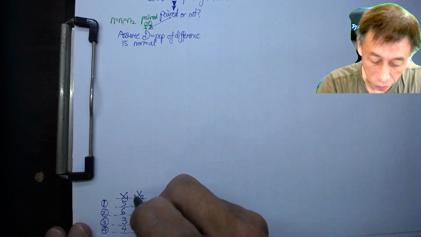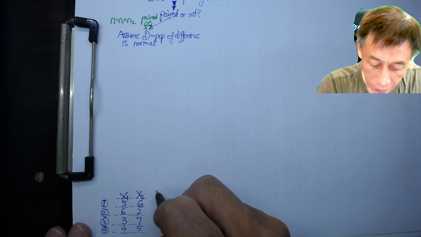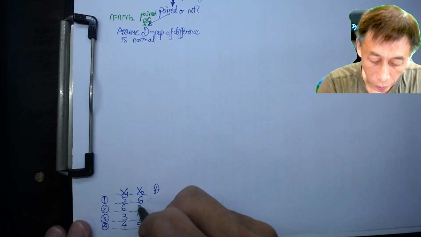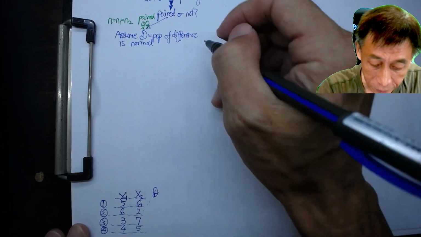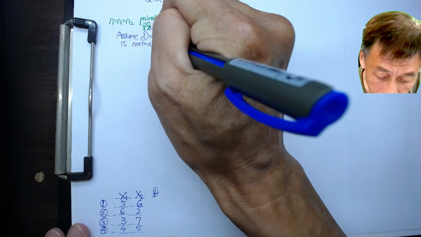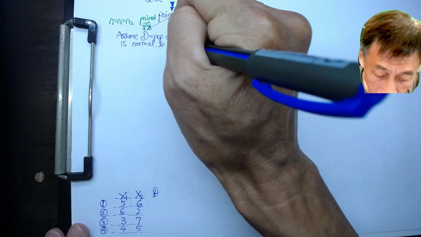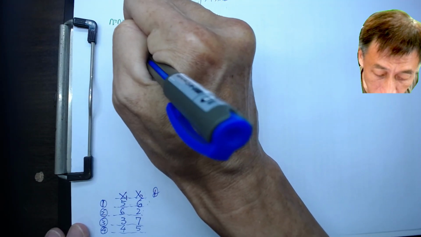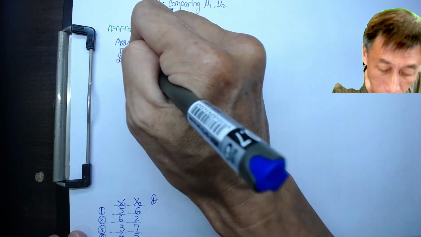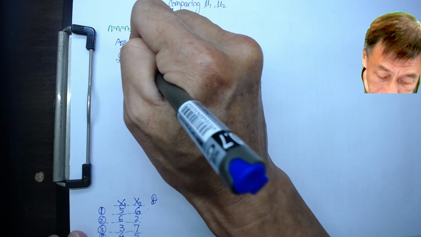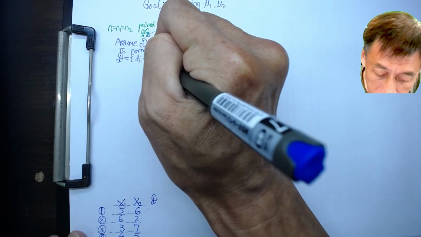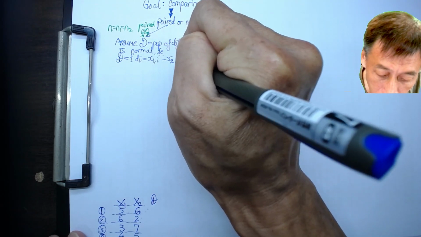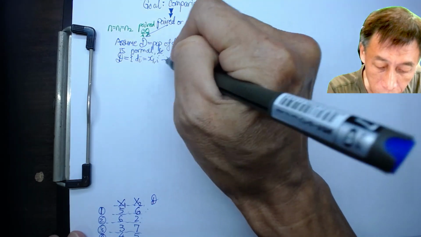Well, why don't we just do that? So x1 minus x2, right? Number wise. Okay, so this is D, which is made up of Di equals to x1 item number i minus x2 item number i for every i.